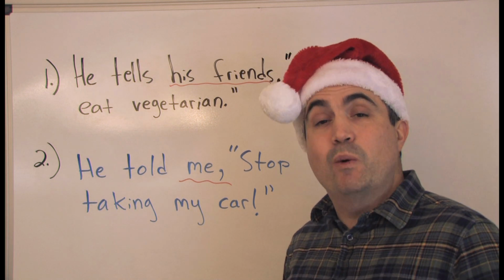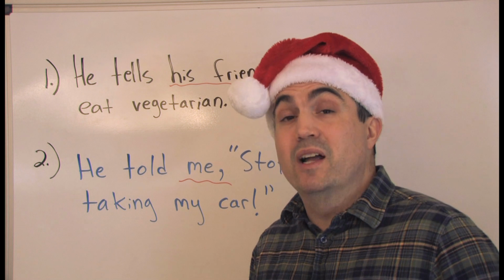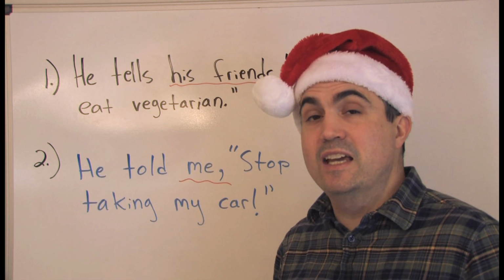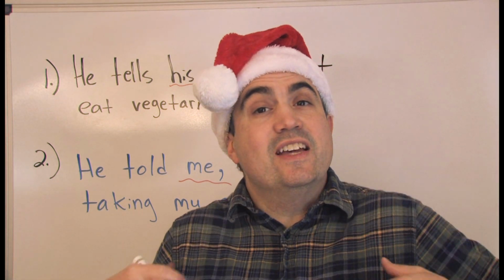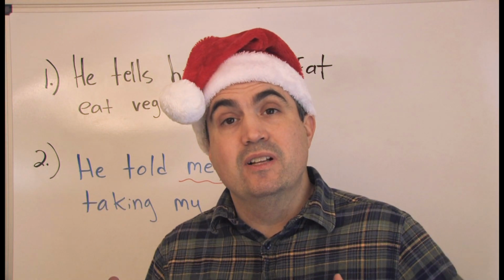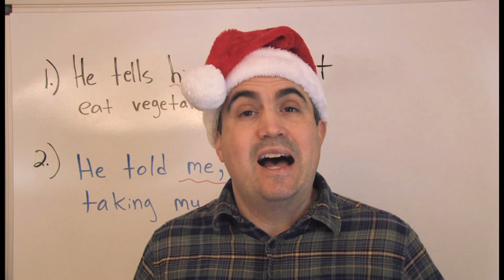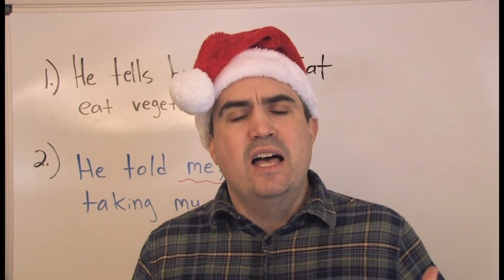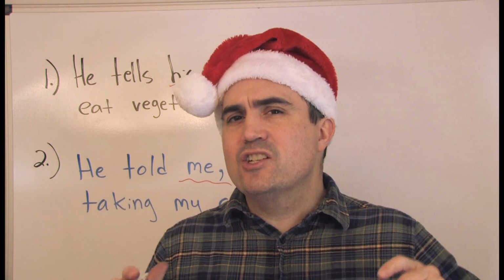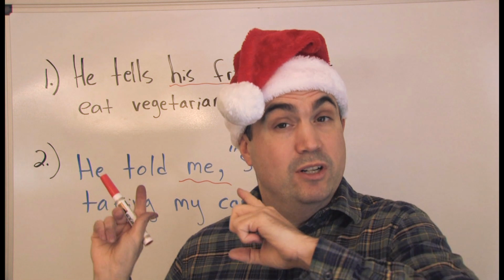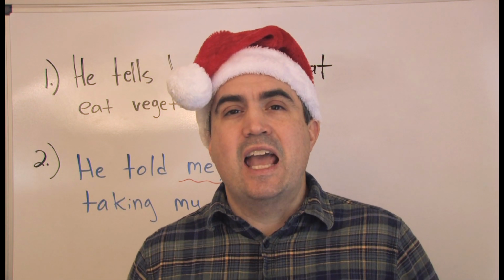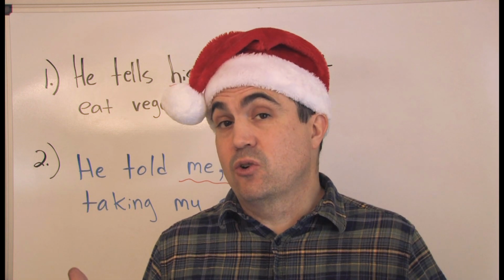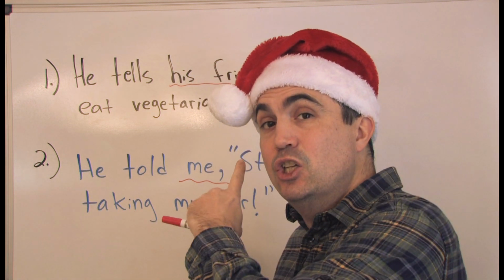Okay? So when we use tell, the someone comes immediately after, right? That's not the case with say. Okay, this has been a simple introductory lesson on the differences between say and tell. Let's check your understanding just a bit more. I will put some sentences on the board, and you tell me which are correct and which are incorrect. Let's look.